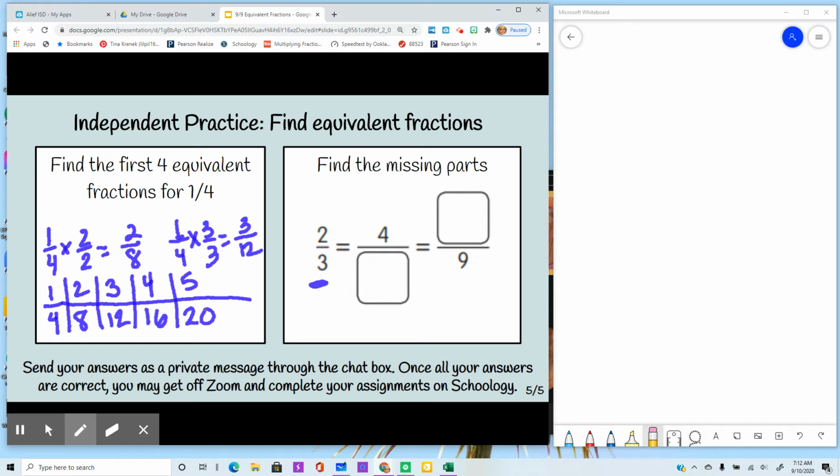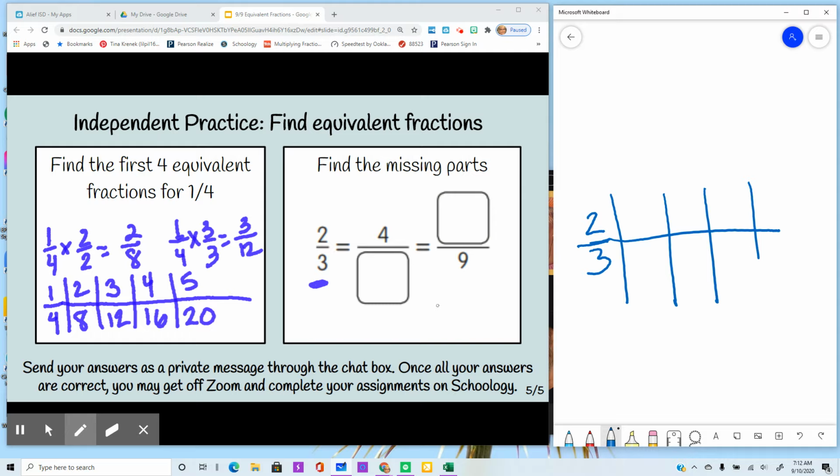Now, 2/3. I'm going to go ahead and write over here, 2/3. We could do the table still. 3, 6, 9, 12, 2, 4, 6, 8.